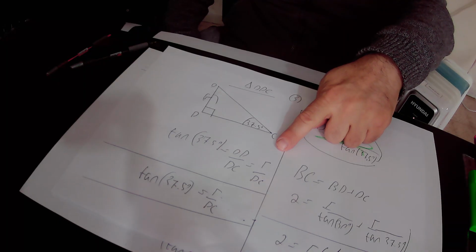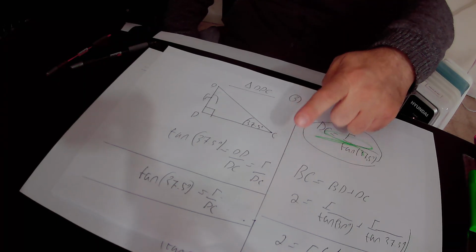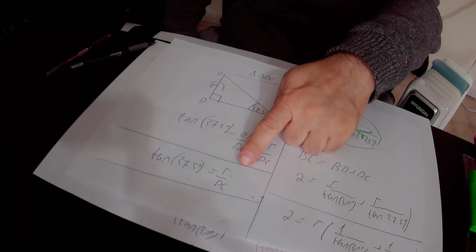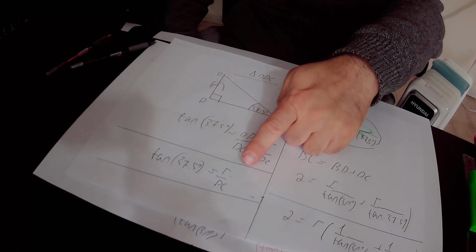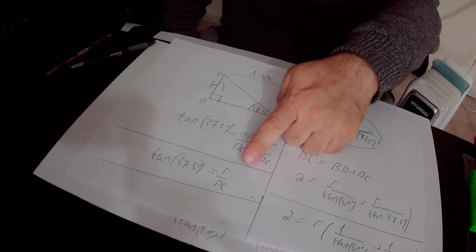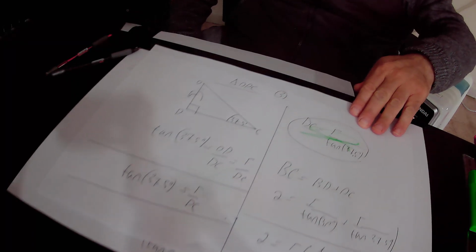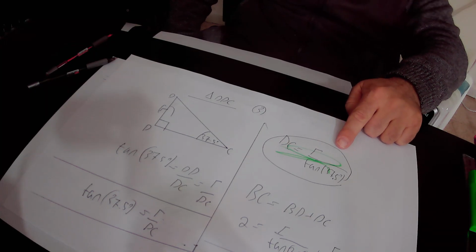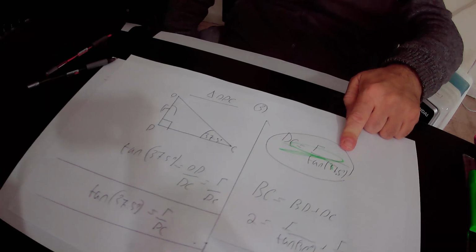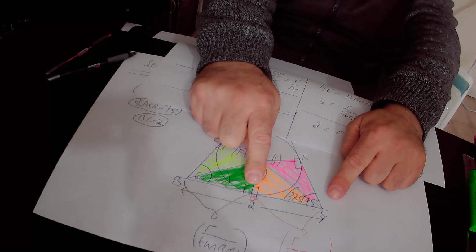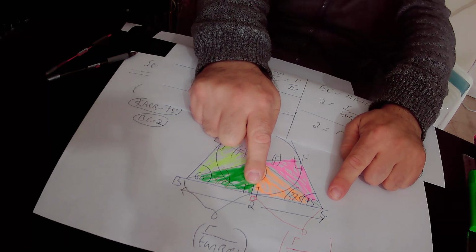OD is R, so it is R over DC. Then we multiplied this equation by DC and divided it by tan 37.5 degrees, and finally we found out that DC equals R over tan 37.5 degrees. This is line segment DC.